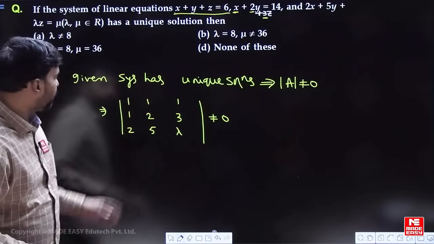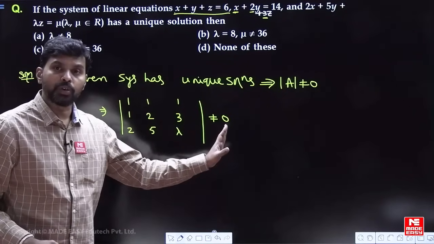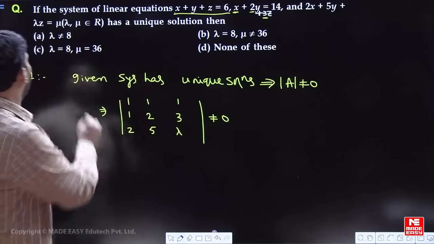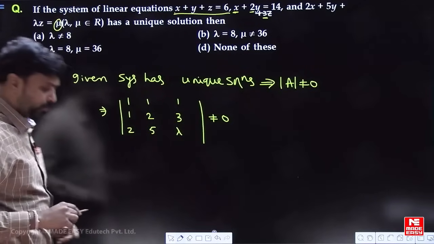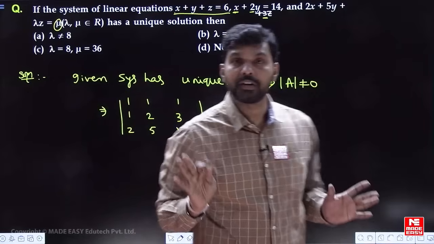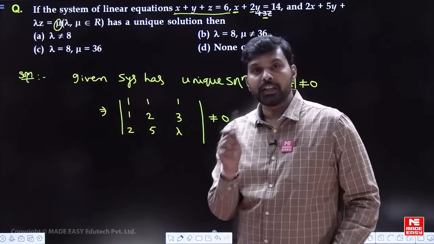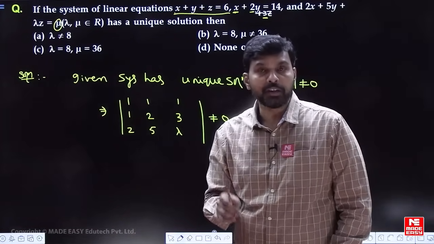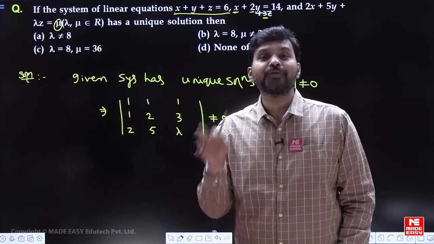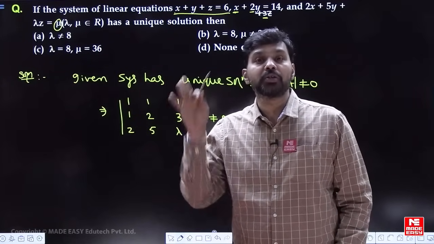My dear students, when I take mod A not equal to 0, the mu value is not at all considered. We cannot get the mu value, right? Why? Because the system has a unique solution, so it is enough to prove that the determinant of A is not equal to 0.